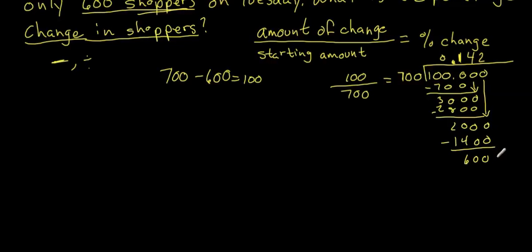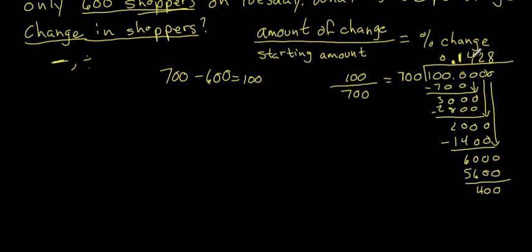We'll add one more zero just so we can end it neatly. 6,000. How many times does 700 go into 6,000? 10 would be 7,000, so that's too much. 9 would be 8. 8 times 700 is 5,600. And that leaves us with 400.